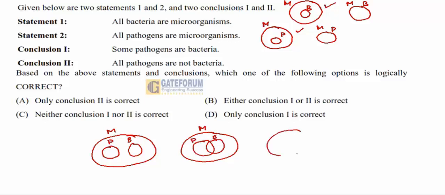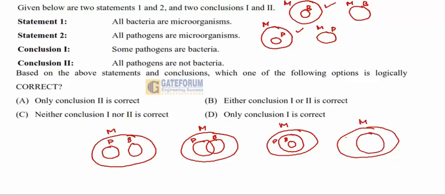The third case is these are microorganisms, these are pathogens, and these are bacteria. And the other case is that these are microorganisms, these are bacteria, and these are pathogens. So all these four cases will be valid if we combine these two, because nobody has told us the relation between pathogens and bacteria. So all these four can be possible.